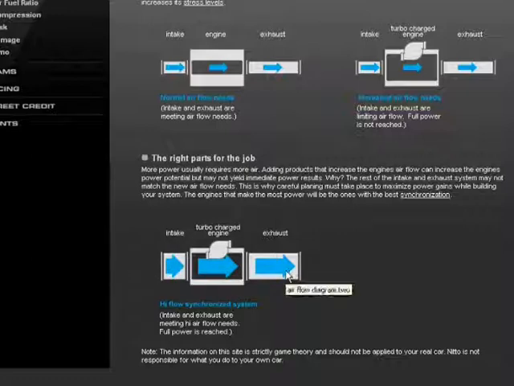This allows more air coming into your engine and going out, and by doing that, you effectively increase your engine horsepower, and you also increase the reliability.